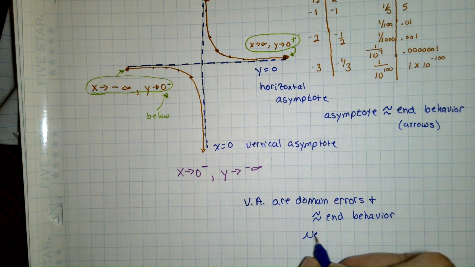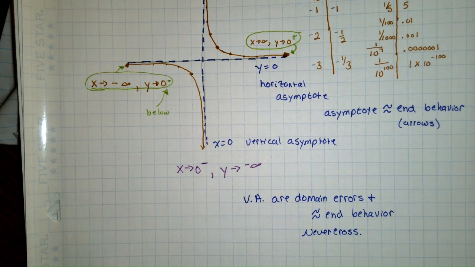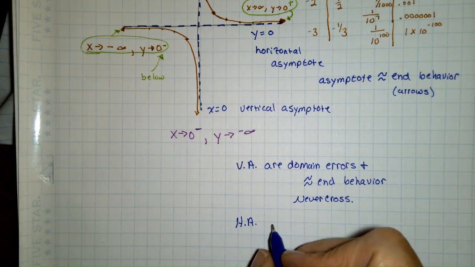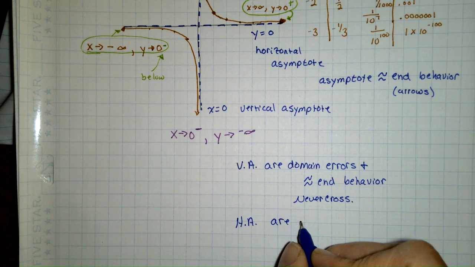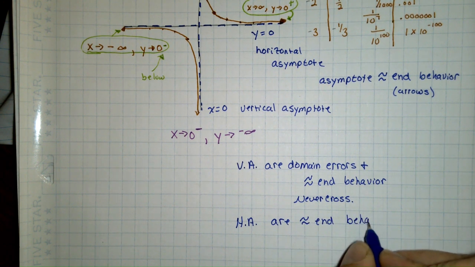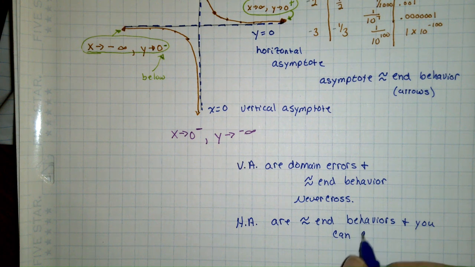So you will never cross them. Horizontal asymptotes are just approximation of end behaviors. And you can cross them.